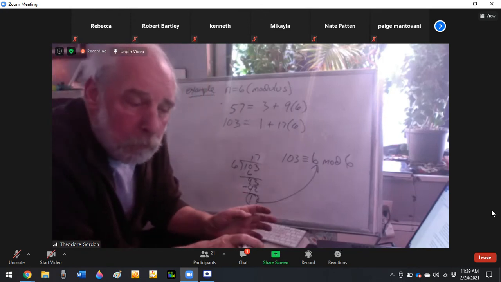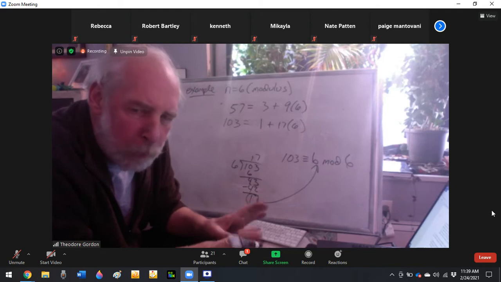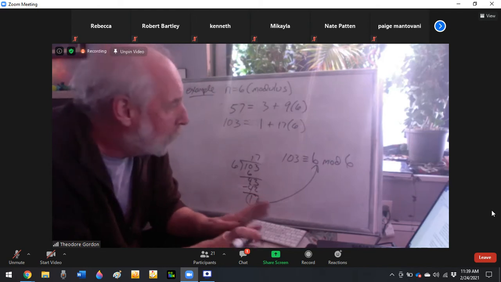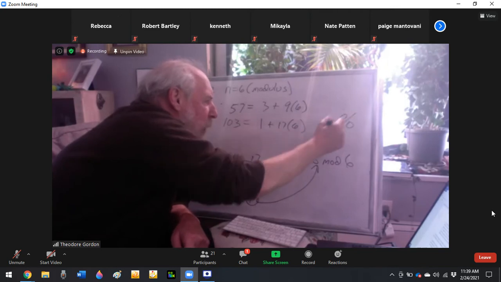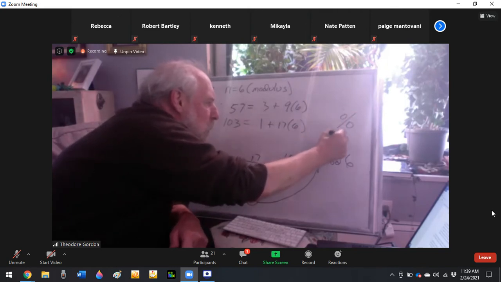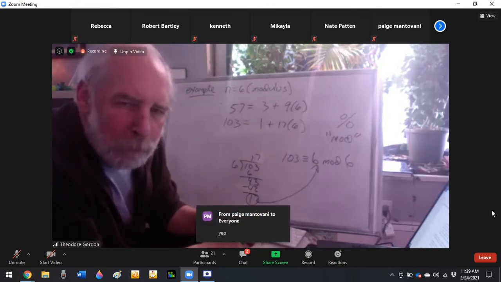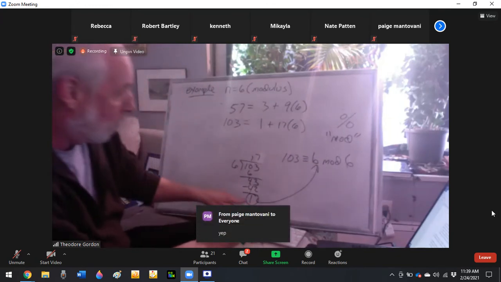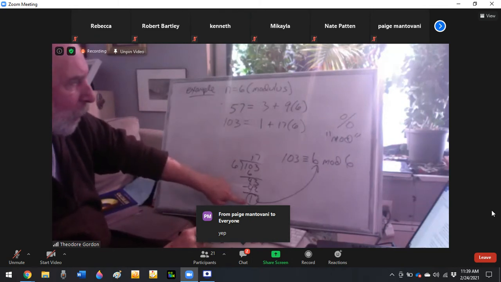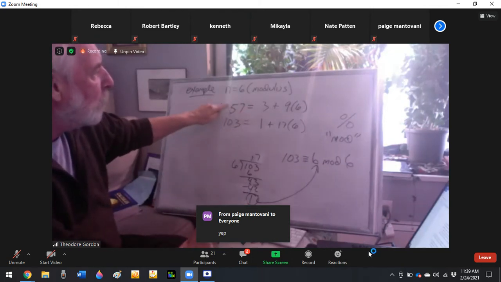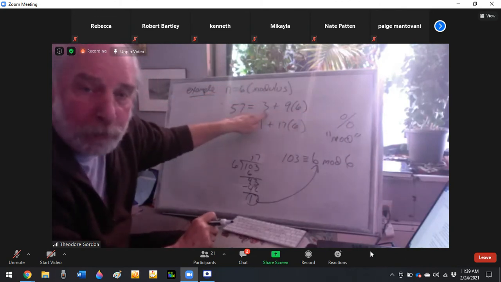Now, I know a bunch of you have some computer programming background. If I wrote this symbol, the percent sign, is that familiar to anybody? That's the symbol for mod. So 57 with a modulus of 6, you do the percent sign, you're going to get a 3 returned.